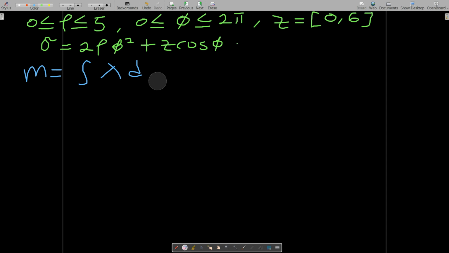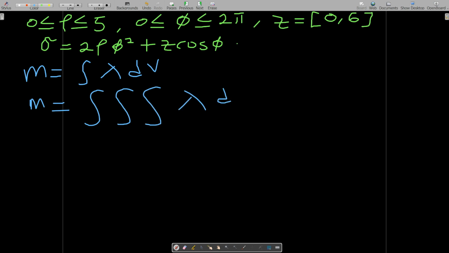Then it means that our dA is supposed to be what? A dV, okay. So the mass is actually equal to 3 full integrals, then lambda dV, which is what? dx dy dz, okay. Now I'm going to change everything here to polar coordinates, in terms of cylinder.